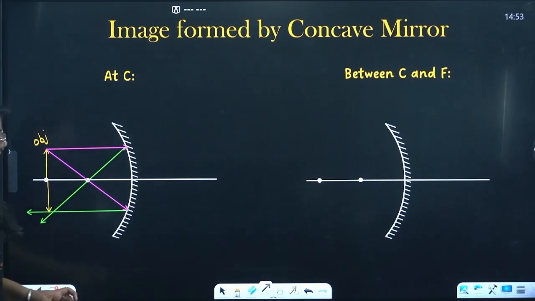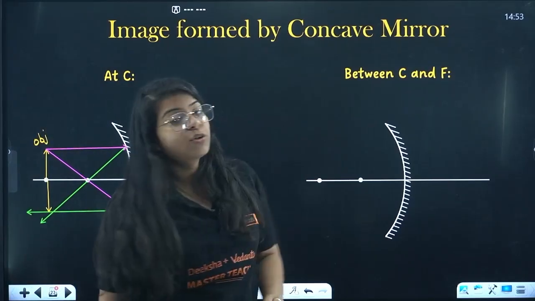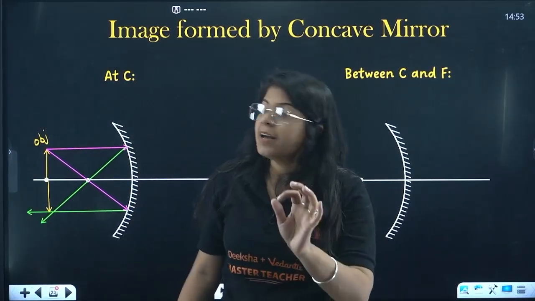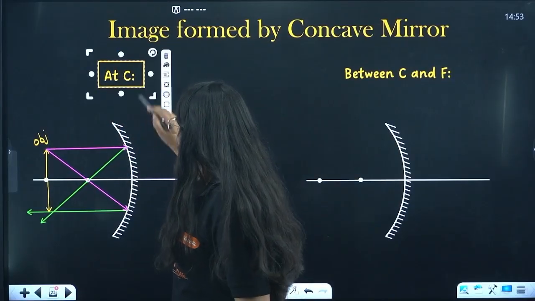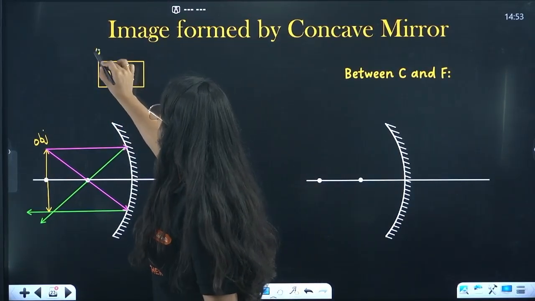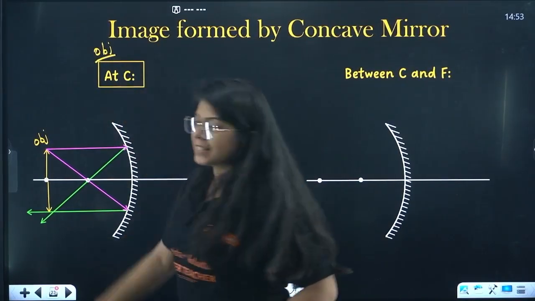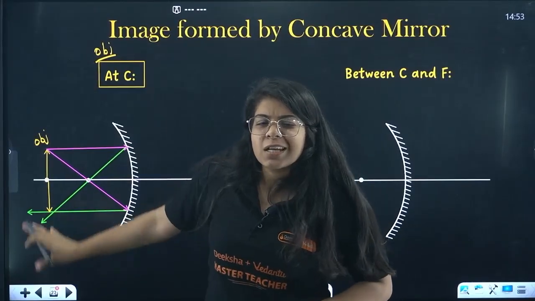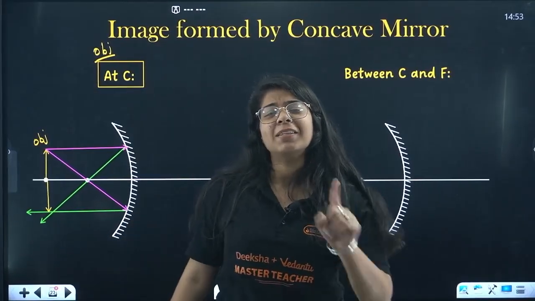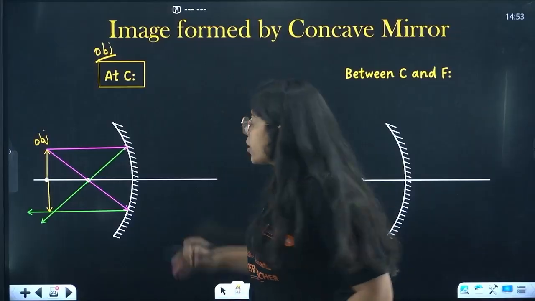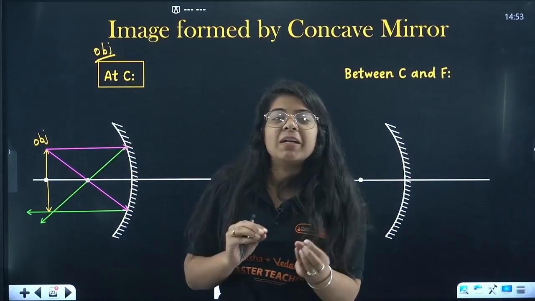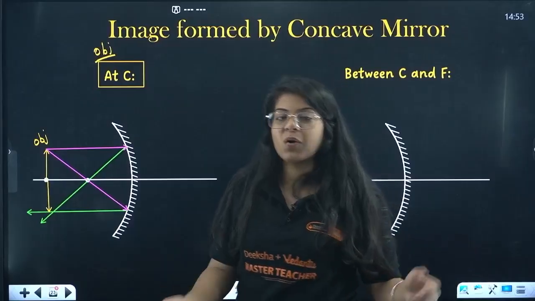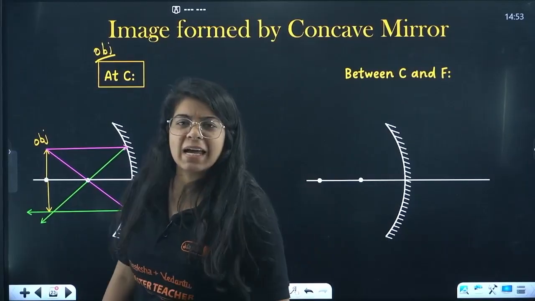Actually, in this case, we have to remember that whenever the object is at C, the image will also be at C. You have to trace these rays a little bit. I will tell you the trick, no worries. Because every time we did everything right, but sometimes the rays go a little bit here and there. So you have to fabricate that a little bit.